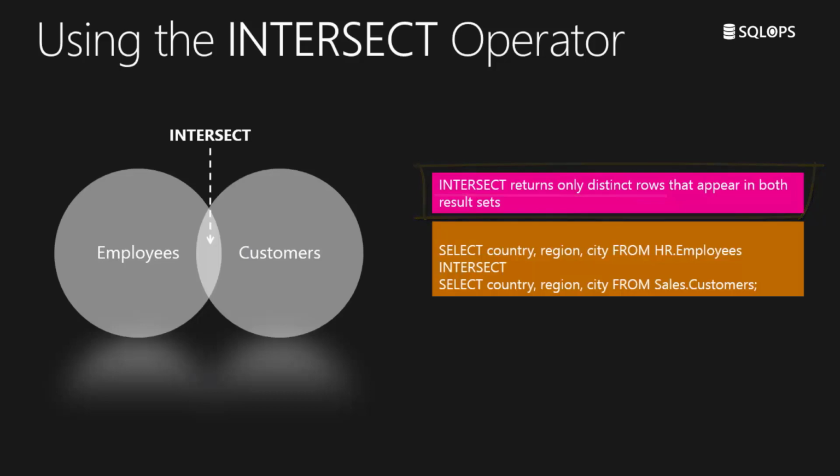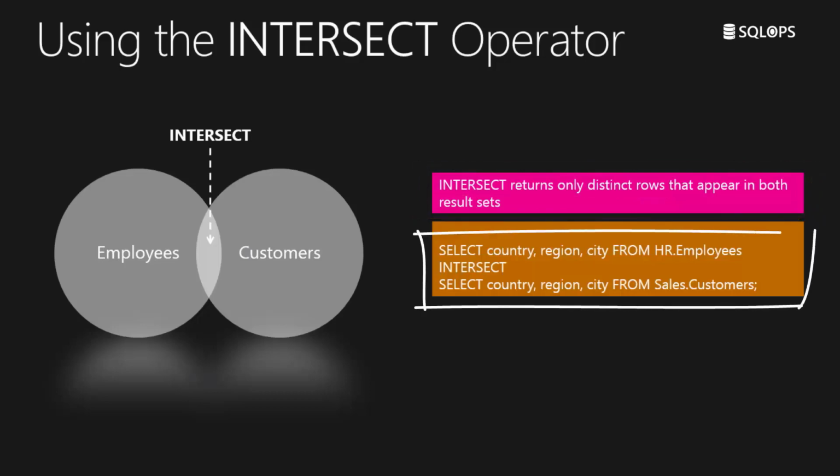In this example, the query uses intersect to return country, city, and region information from both the HR employees and the sales customers tables. And since we are using the intersect operator, the resulting set will only return rows that are common between the HR employees and the sales customers table.